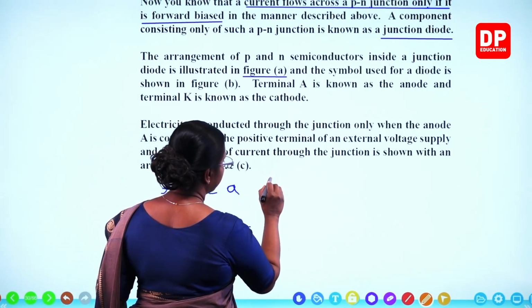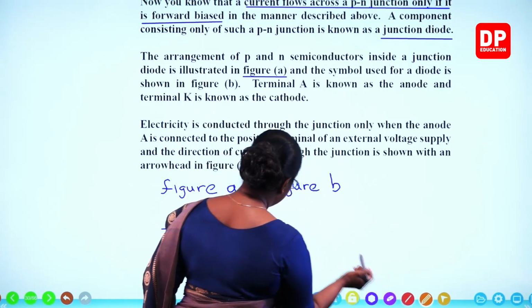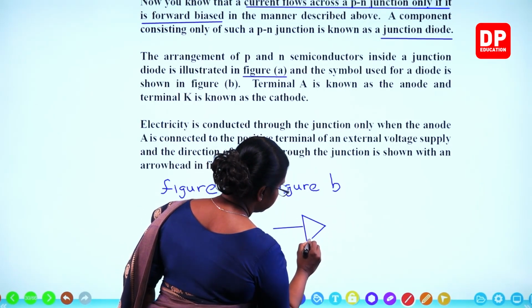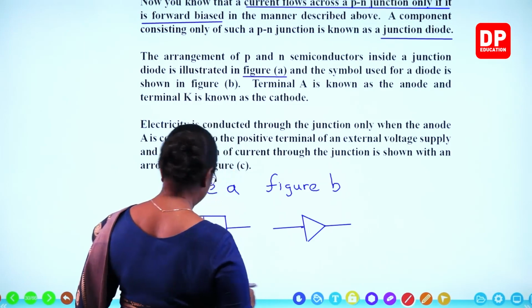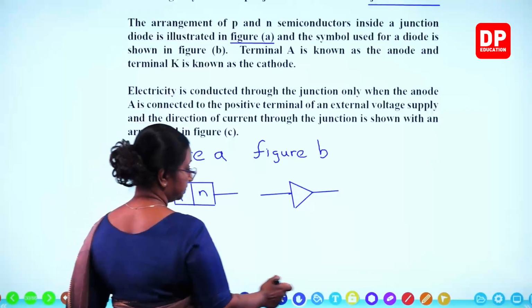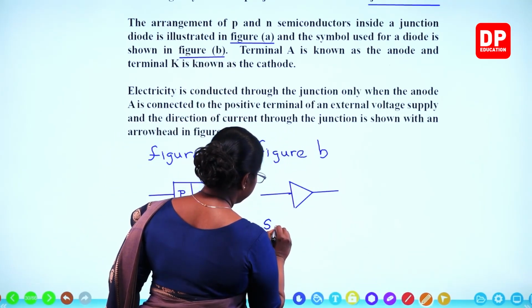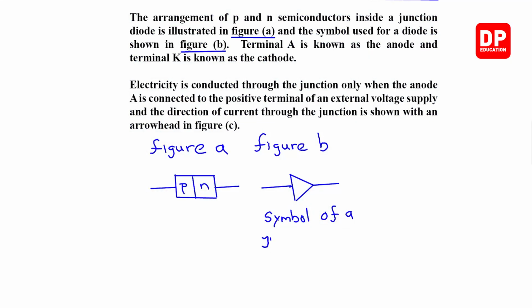So, here in figure B, I will show you all the symbol used. This is the symbol of a junction diode, or a PN junction diode.